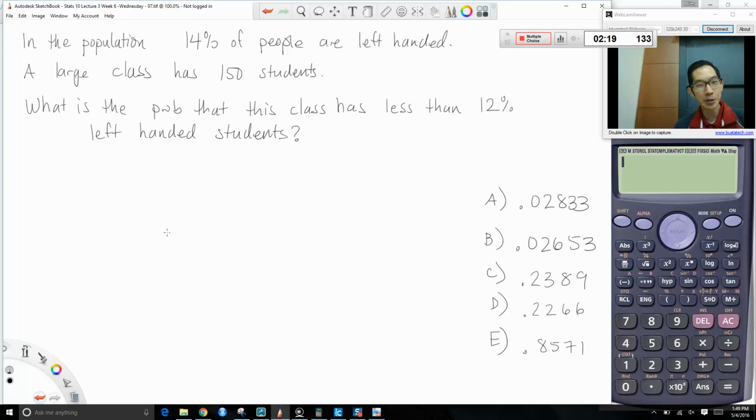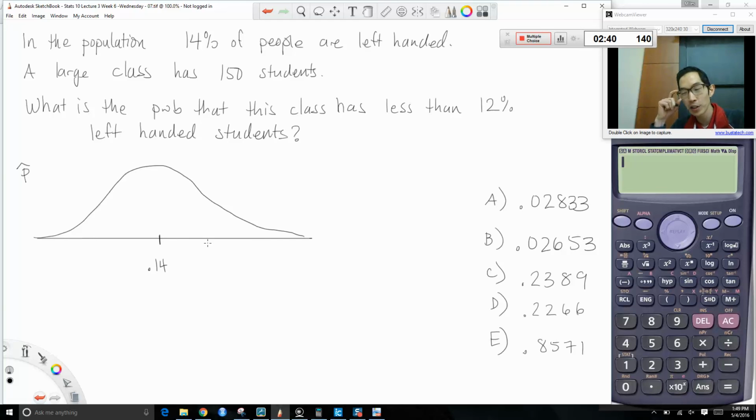Okay, I'm gonna go ahead and start doing the answer while you guys still work. Again, we are saying the distribution of p hat is approximately normal. And if the population is 14%, we would expect the center of our distribution to be 14%, okay?